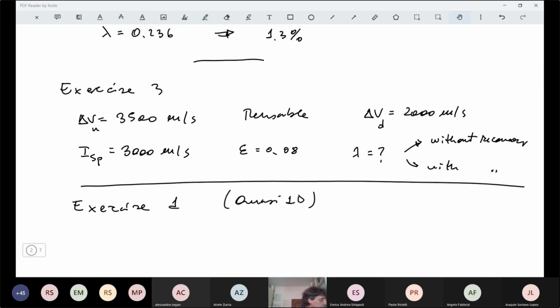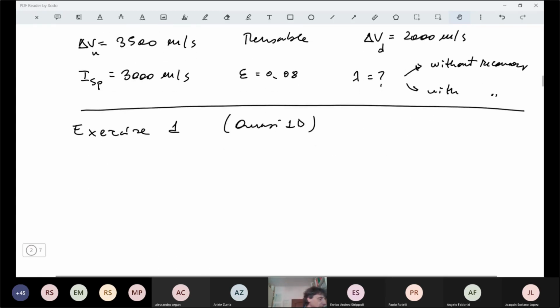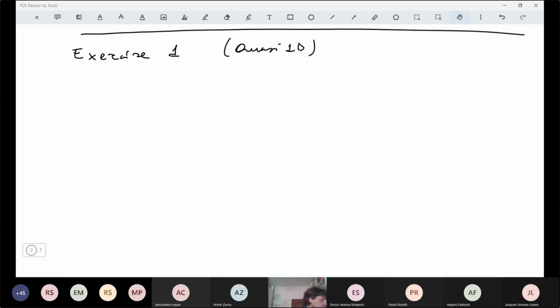We consider a flow in a channel with a circular cross section. We know the inlet conditions: P1 is 100 bar, T1 is 3000 Kelvin, and M, the molar mass, is 12 kilogram per kilomole.